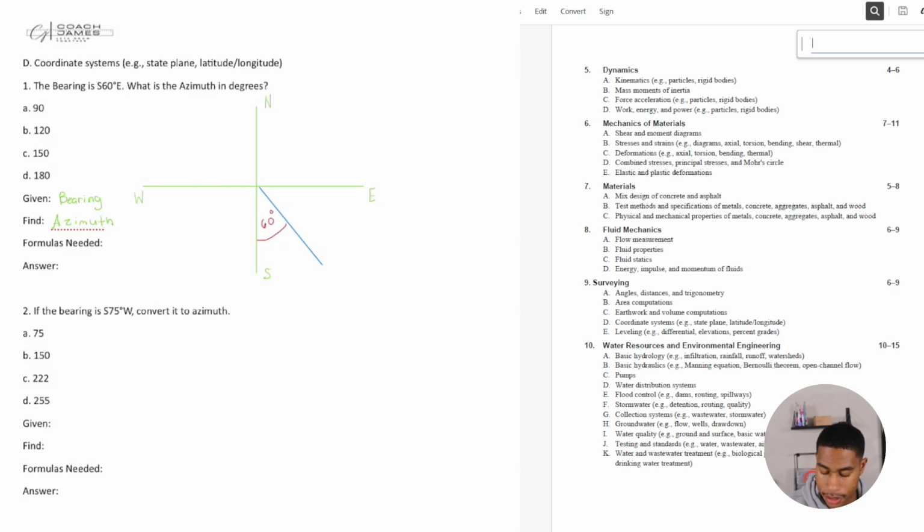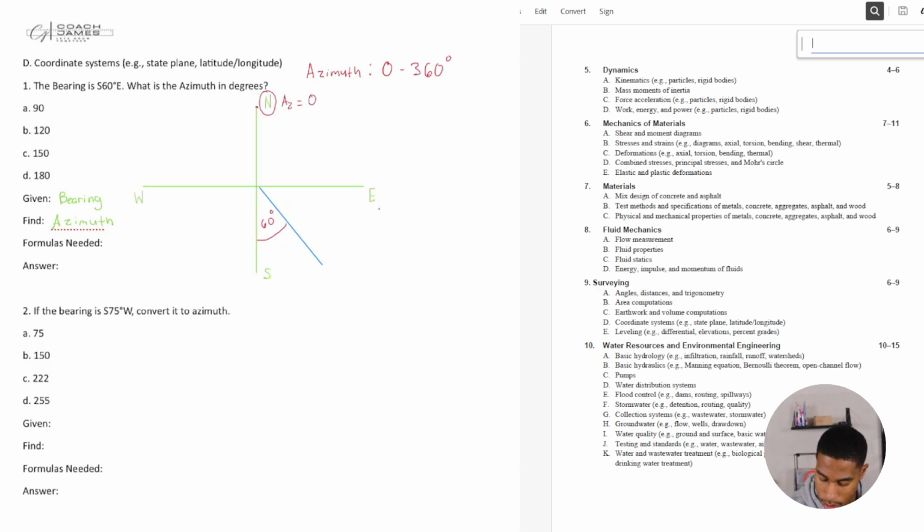Okay, so for azimuths, it goes from 0 to 360 degrees. And it starts here at the north axis. So at this point here, the top, the azimuth is equal to 0.